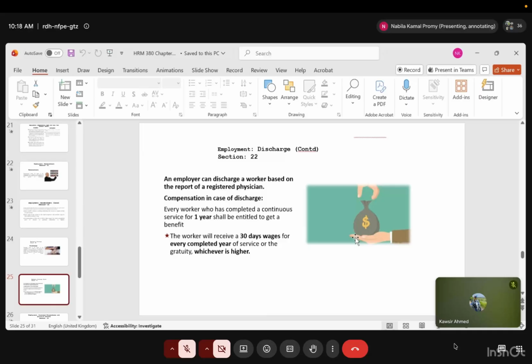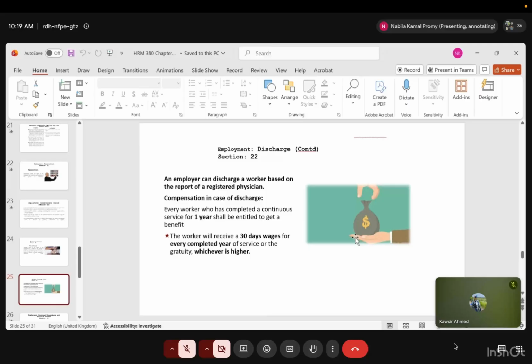If you are terminating an employee because of the employee's physical limitation or illness, then while terminating the employee, the company will have to give some additional compensation. That compensation will be 1 month's salary for every year that the employee worked.